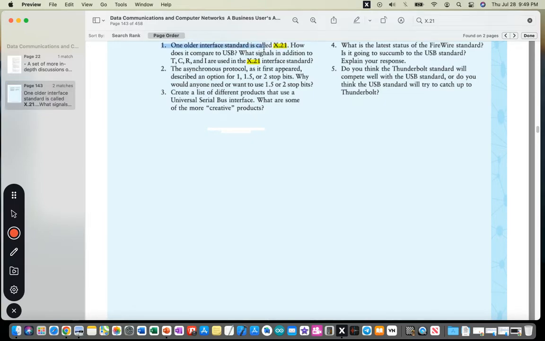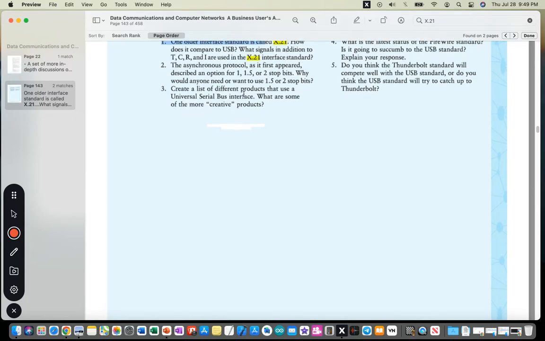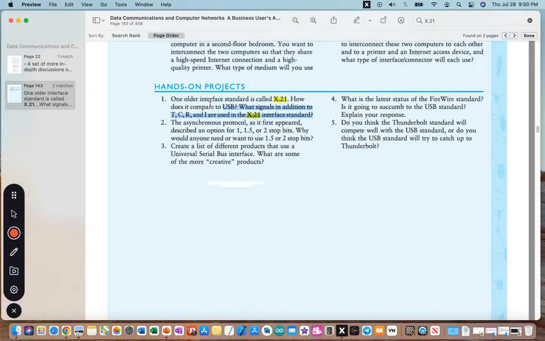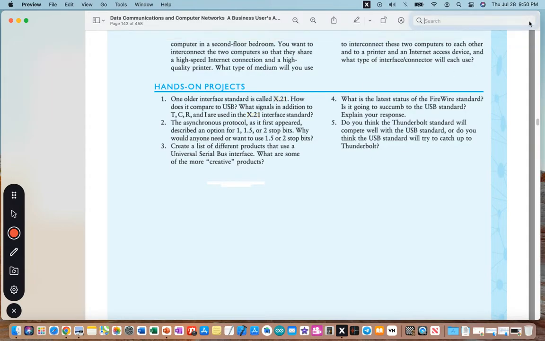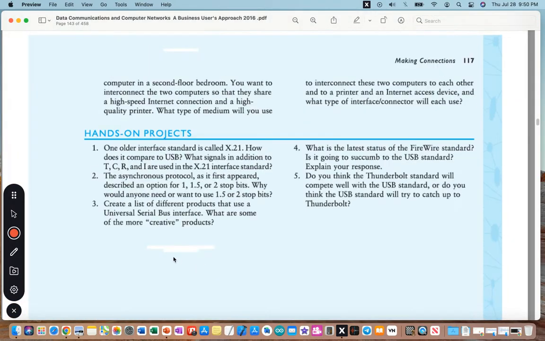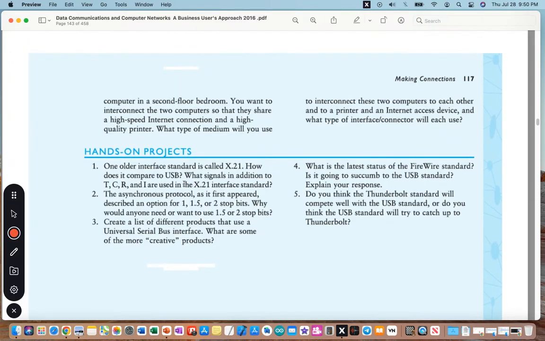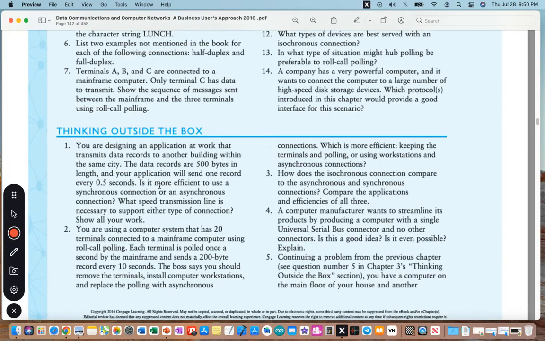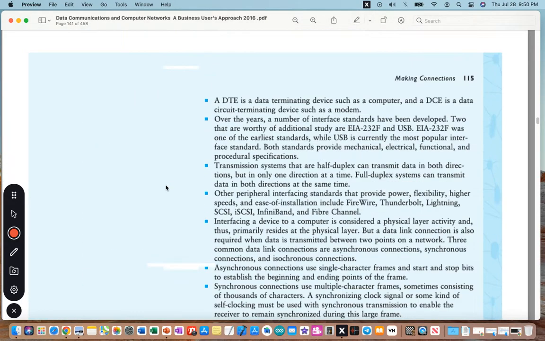One older interface standard called X.25. How does it compare to USB? What signals? So this might require some Googling, like you search it over the net, because I don't see anything in this reference talking about the X.21. But we have the T, C, and R. Let me go back a little bit here. T, C, R, and I are used in the X interface standard. Well, I've seen the T, C, and R. Okay, there was a table somewhere here.